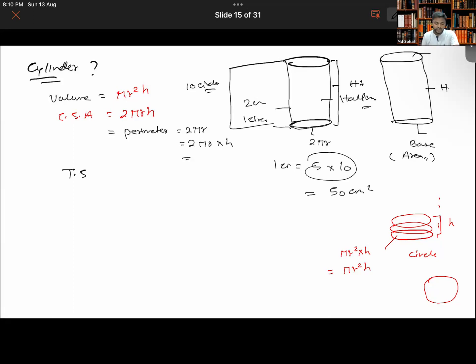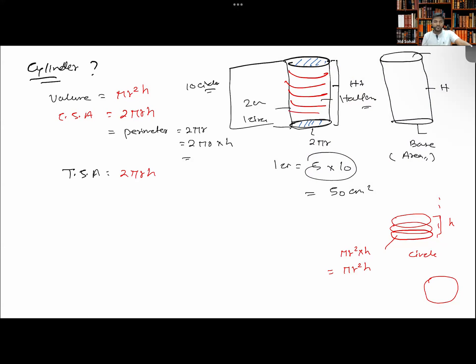Then what about the total surface area? In total surface area, we count the area of the base and top as well. Getting it? So the circumference will be 2 pi r, and then we add the radius and the height, which is r plus h. First, you will take the area of the curved surface, that is how much, Arhan? That is 2 pi r h over here, no?